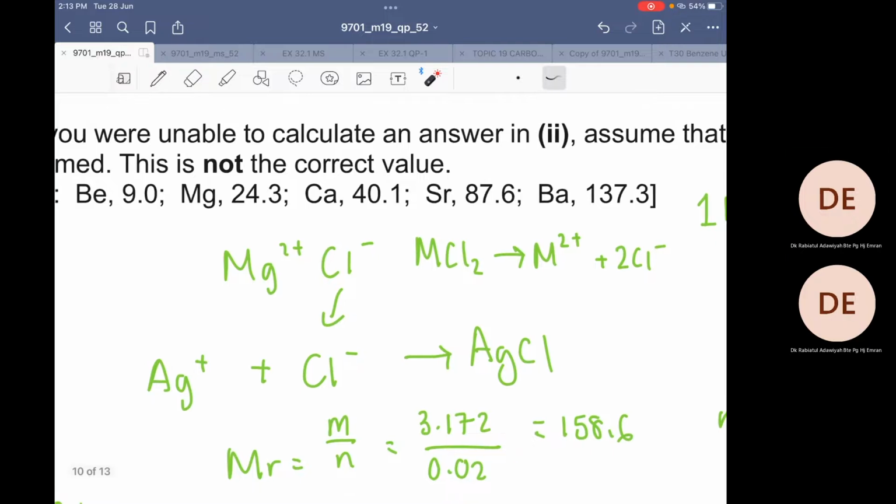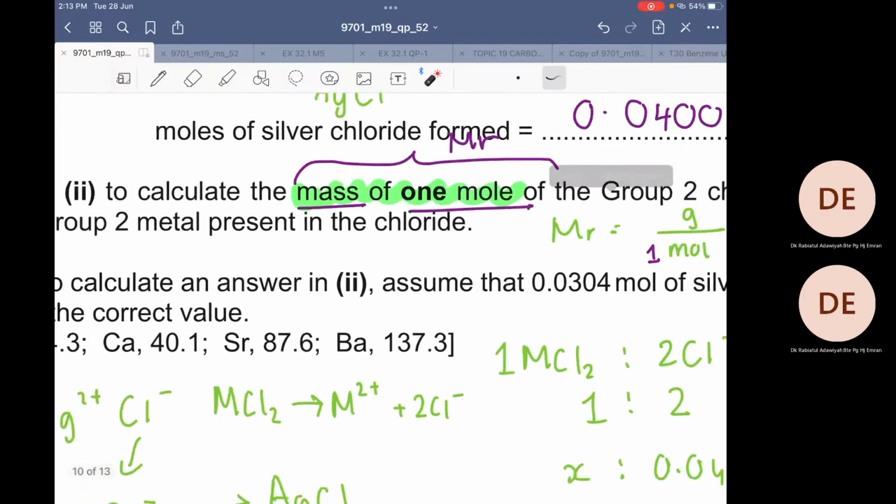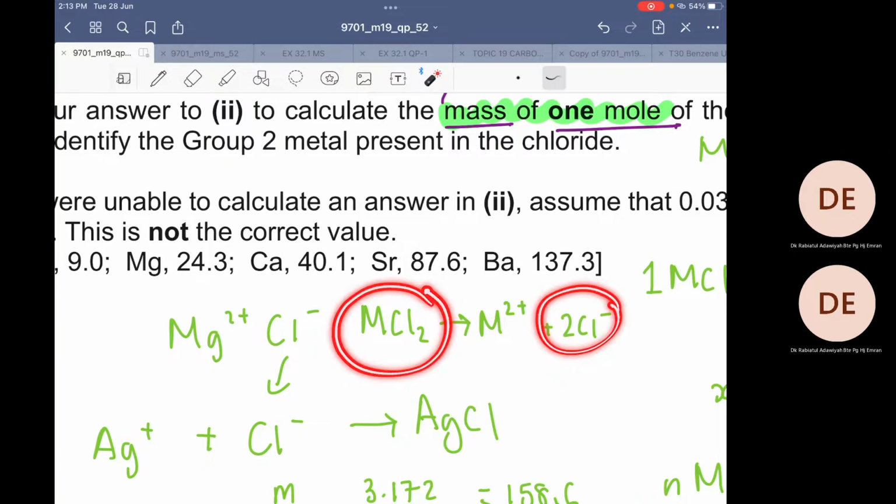So that means my moles of chloride will also be 0.04 based on the previous answer. However, I'm not interested in the chloride. I'm interested in the metal chloride. What's the relationship between the metal chloride and the chloride? 1 mole of metal chloride is equal to 2 moles of chloride.